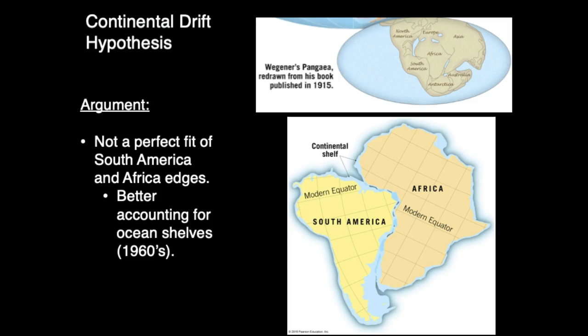So if scientists account for the continental shelves to be the outer boundary of each continent, in fact, only a few areas had this missing or overlying material, as you're seeing there on the bottom picture. So this fit, which occurred until the 1960s, was much better than what scientists had initially expected to see after accounting for those continental shelves.